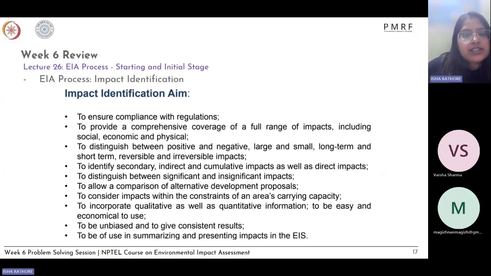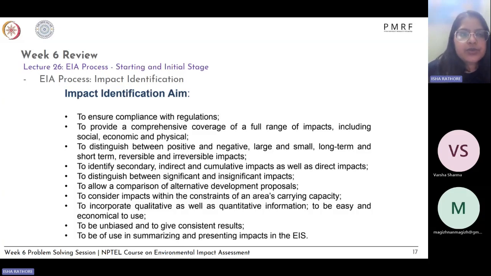Then for impact identification, the aim is to ensure compliance with regulations, first of all the mandatory regulations, and whether any voluntary regulation is being met if it's relevant for a particular case. You also need to provide comprehensive coverage of the full range of impacts on an environmental parameter, including social, economic, and physical impacts.